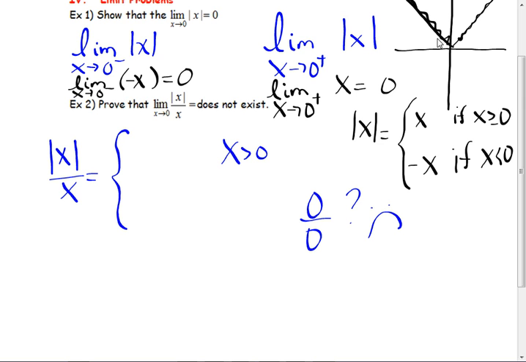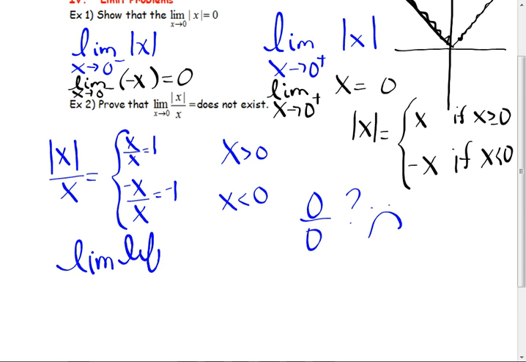So from the right, it's x over x, which is 1. If it's from the left, x is still x, but the absolute value can be replaced with minus x. So that's what? And on the exam, you could write this: the limit from the left, as long as you're clear, does not equal the limit from the right. And what about at 0?